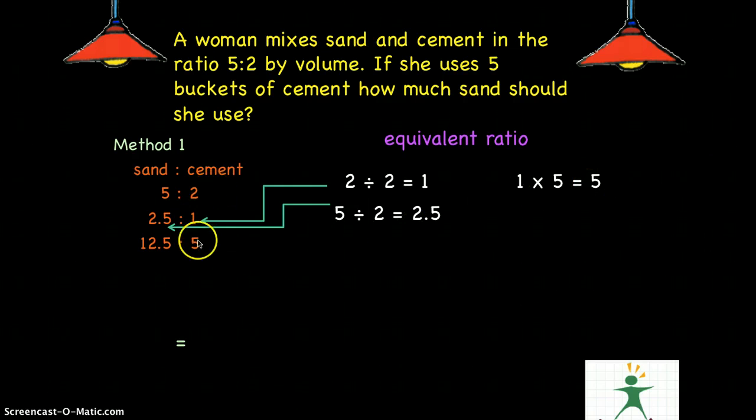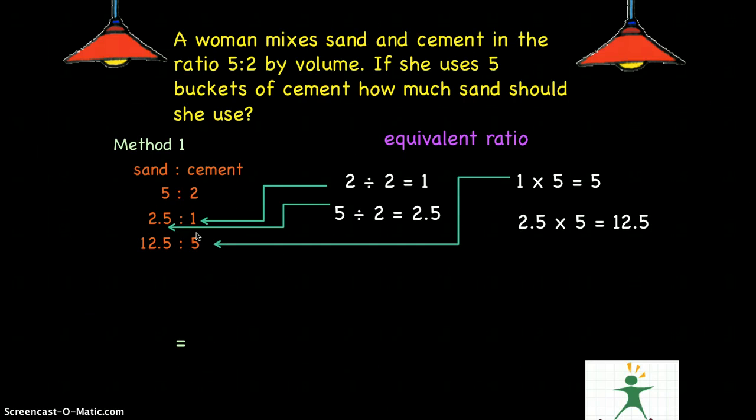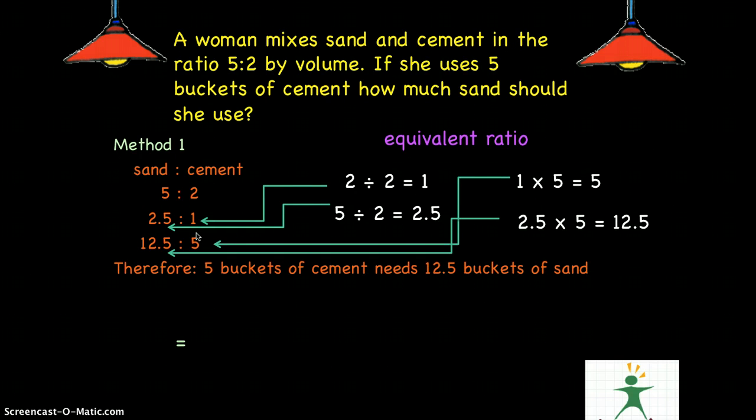That means if you multiply this side by 5, you're going to multiply this by 5 as well. So 2.5 times 5 is 12.5. Okay, well done. That's the first method. So therefore, for 5 buckets of cement, you need 12.5 buckets of sand.